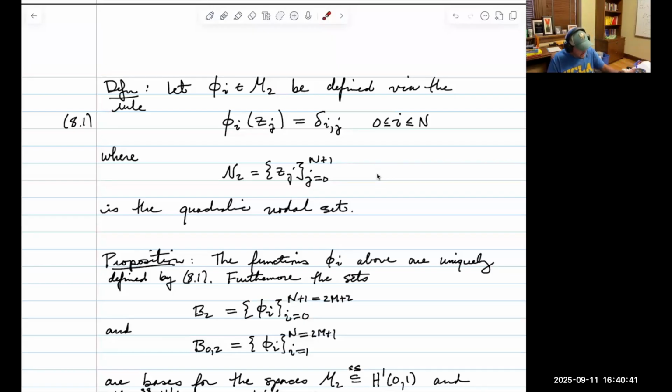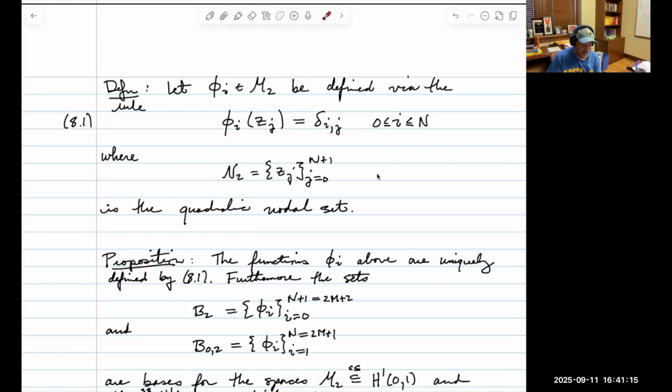Now we want to build basis functions for our piecewise quadratic finite element space. Let's do the normal space first, and then we'll do the space without degrees of freedom at the endpoints second. So let phi i be in the space of piecewise quadratic finite elements defined via the following rule. It's a very simple rule. We're just going to say phi i evaluated at the nodal point zj is equal to the Kronecker delta symbol delta ij.